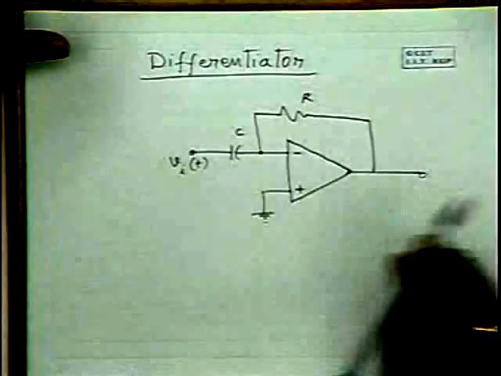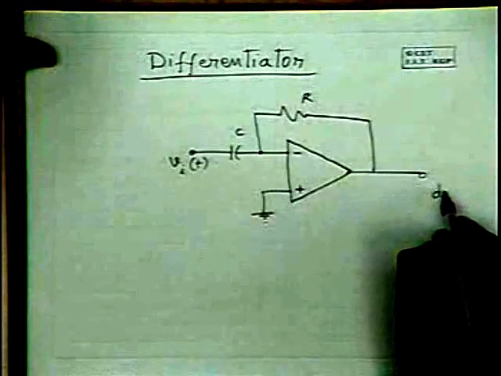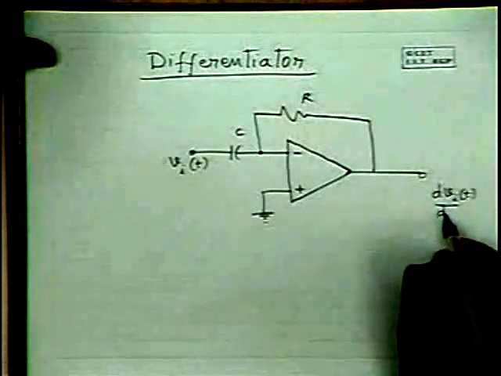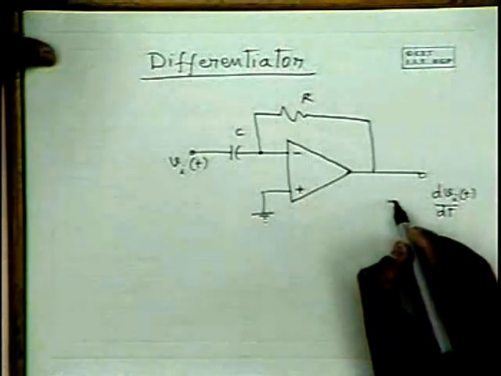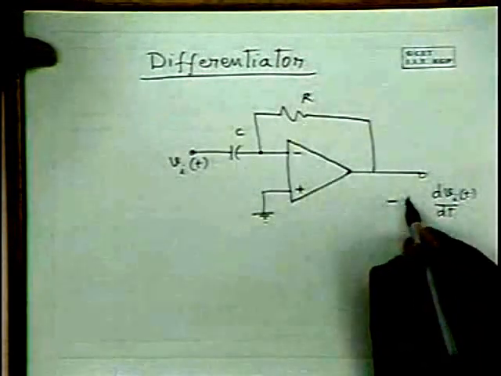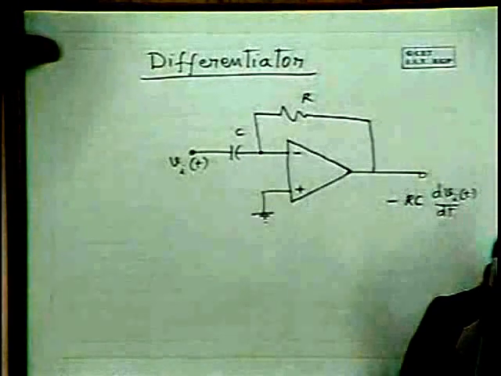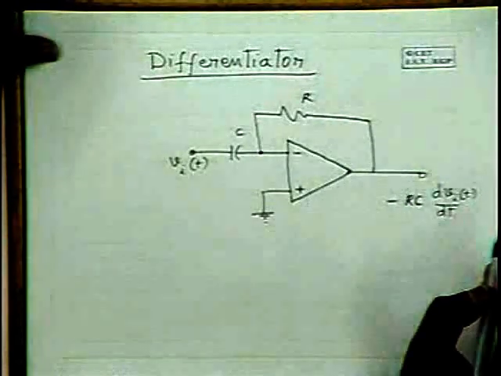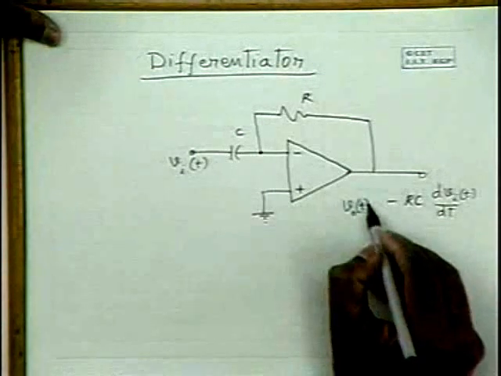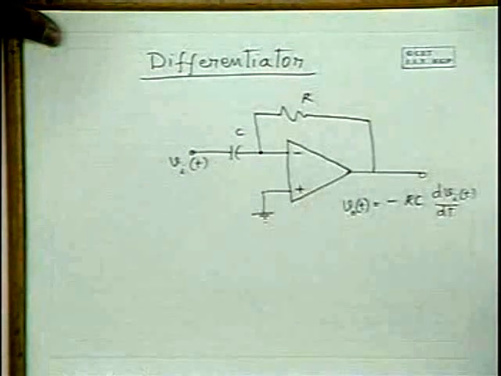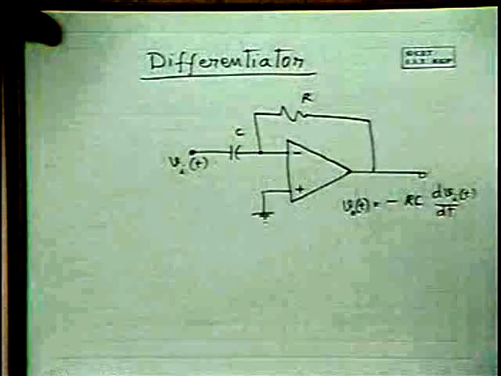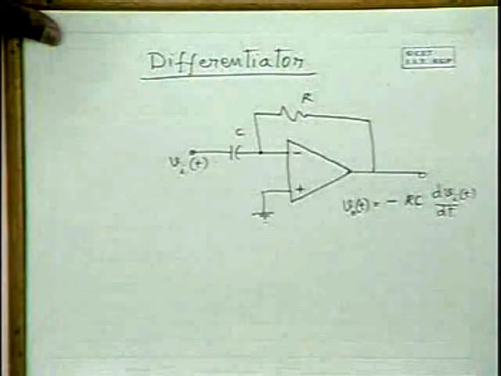Now this gives you dVi(t) by dt as the output, of course with a negative sign because it is an inverting amplifier, and a scaling factor which is equal to RC. So this is what you get as the output voltage. Now let us analyze the circuit and see what we get at the output.